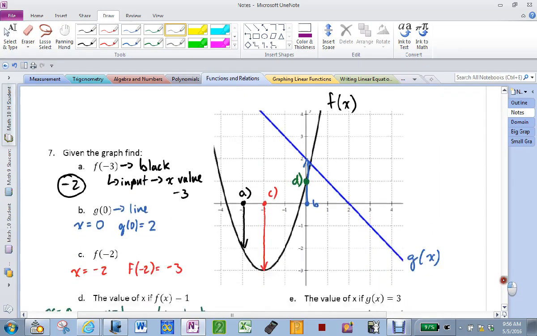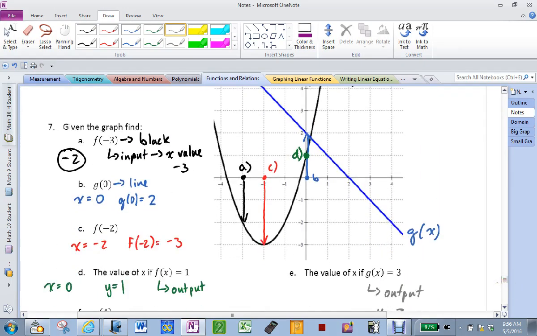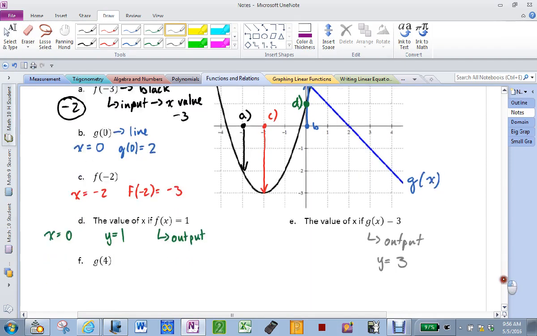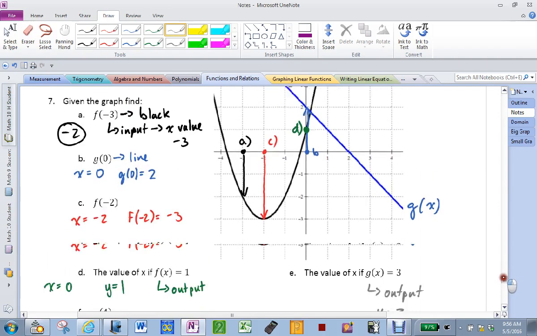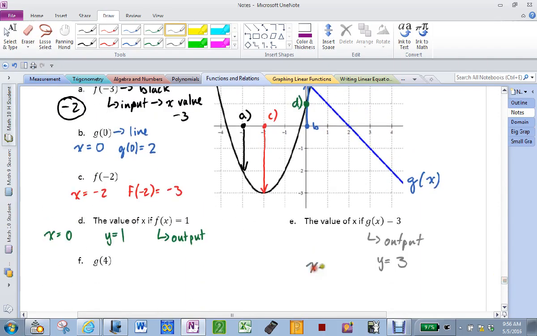So where do I go on the line now? I go to 3 on the y-axis, and what do I find? I find where the line is. It is right there. So what is the x value? Negative 1. Is everybody cool?